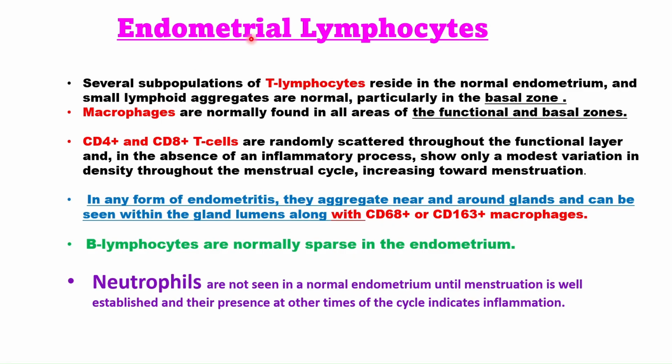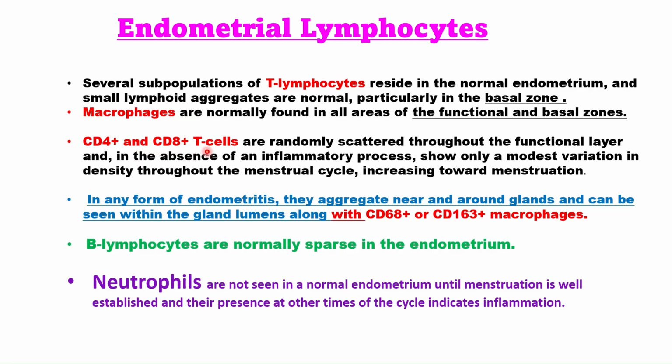Now the third component is endometrial lymphocytes. Several subpopulations of T lymphocytes generally reside in the normal endometrium, and some small lymphoid aggregates are normal, particularly in the basal zone. Macrophages are normally found in the functional and basal zone.